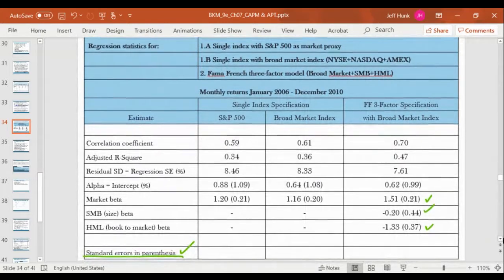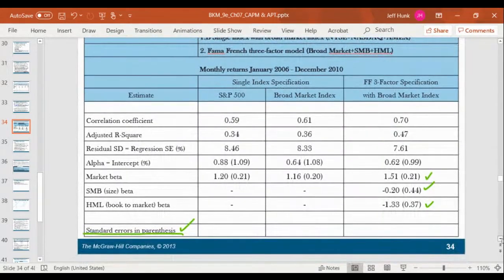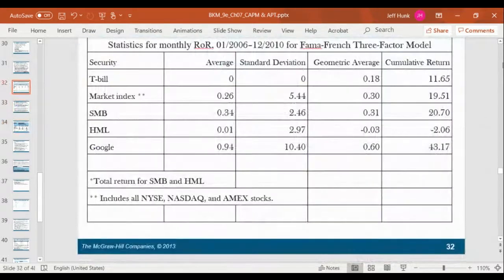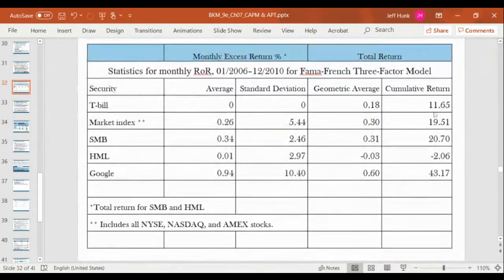It looks like there was no original source data. It was just given, basically, excess returns data were given.